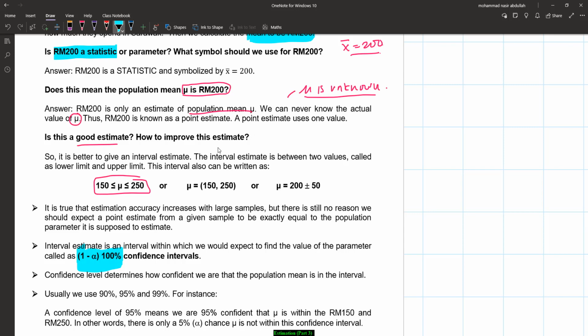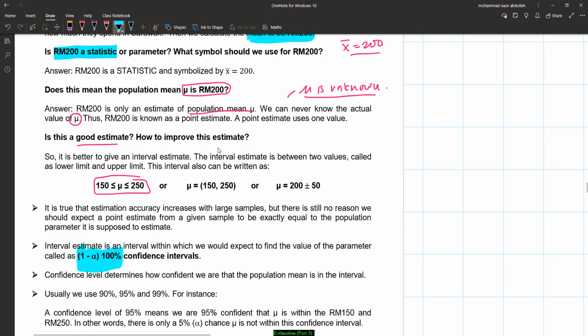So we always reserve some error for our estimation. In statistics, we are not saying that our estimation is perfect. There is a possible error or possible incorrect estimation. So how do we prevent the value that we estimate from lying on an incorrect estimate? We need to minimize our error.